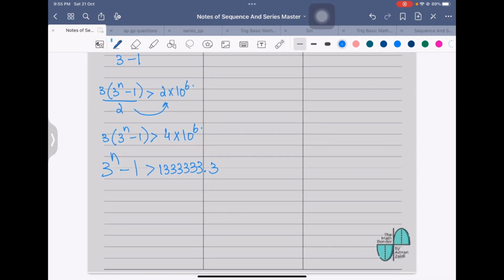Now 3 to the power n is greater than this plus 1, adding 1 to it.